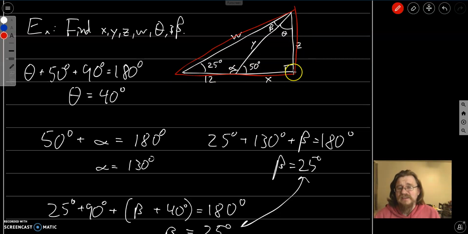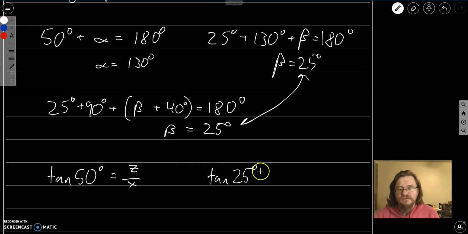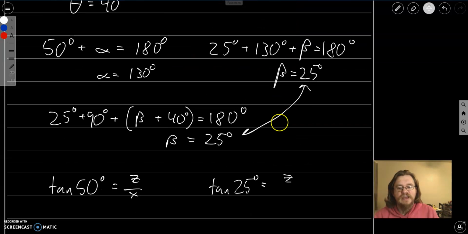But this side length isn't just x. It's 12 plus x, so we'll have to be a little bit careful. The tangent of 25 is going to be the opposite side, which is z, over the adjacent side, and this side is going to be 12 plus x.